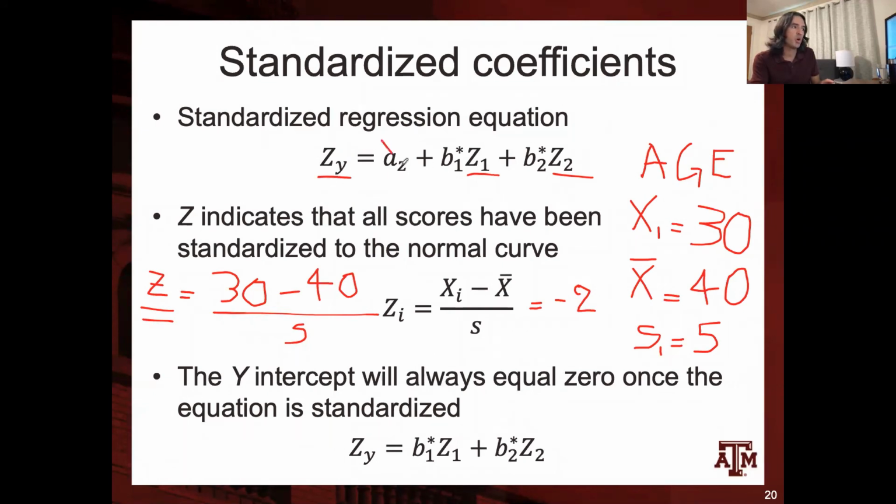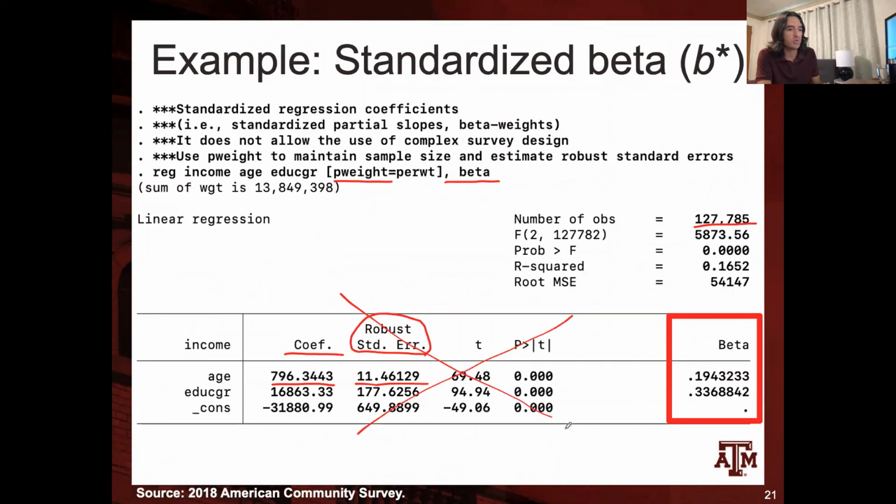This number here will always be equal to 0. So our regression to analyze the standardized coefficients will have only the results for my two independent variables in this example. And where are the standardized beta 1 and standardized beta 2? Right here.